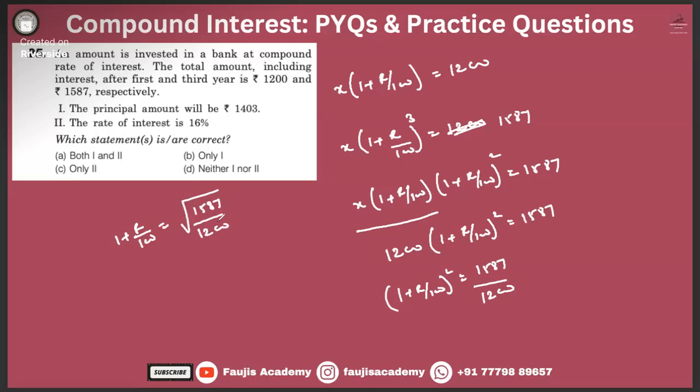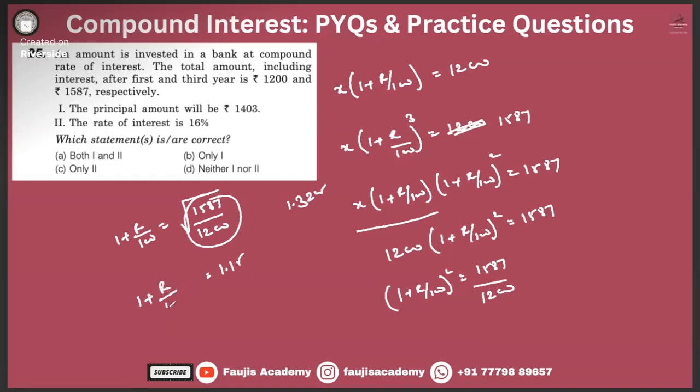How much is 1587 divided by 1200? You can also divide it by 3. This value will come out to be 1.3225. And the root of 1.3225, we have been calculating, is 1.15.